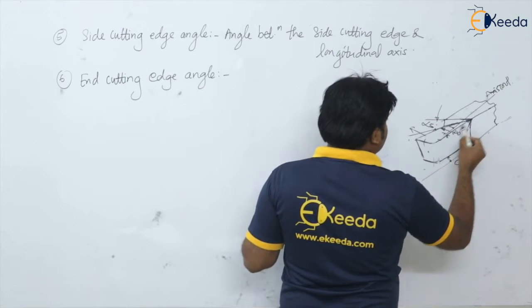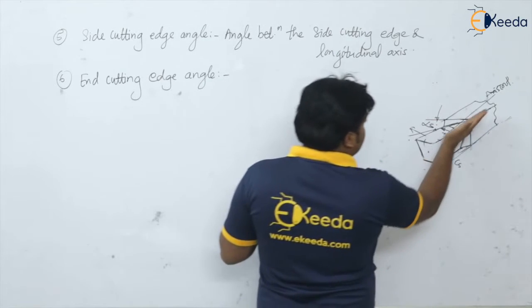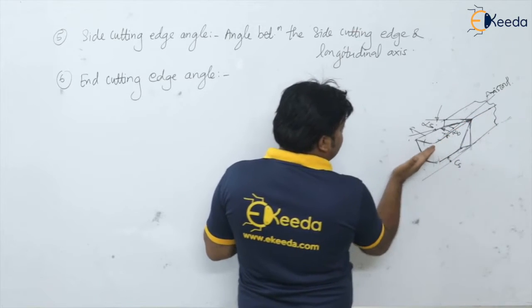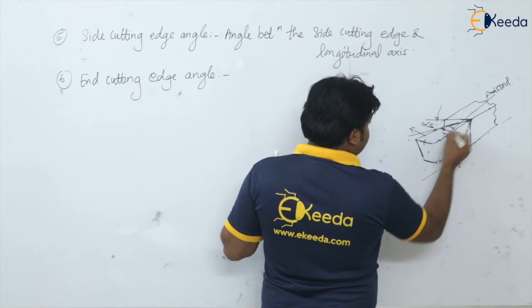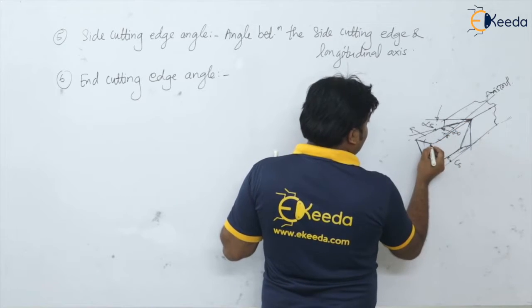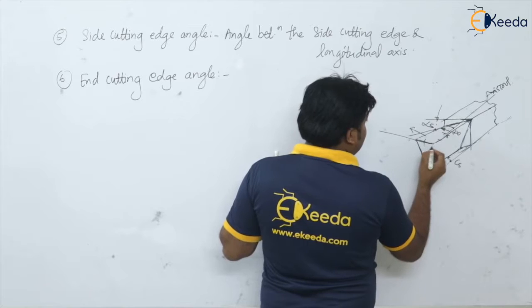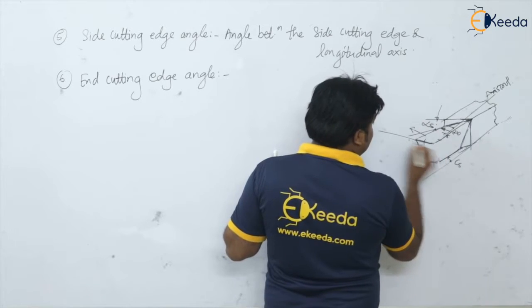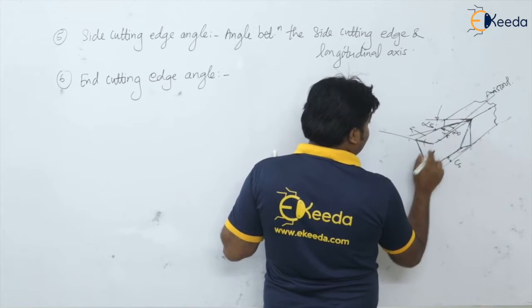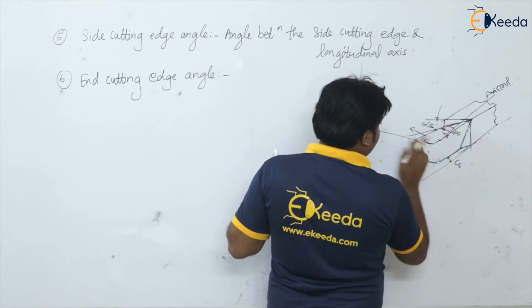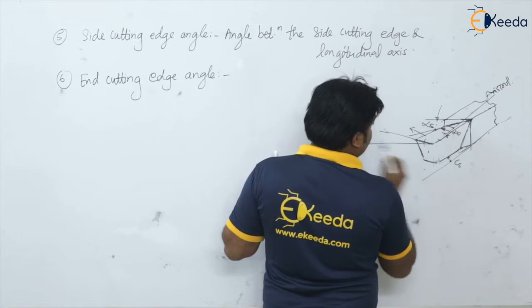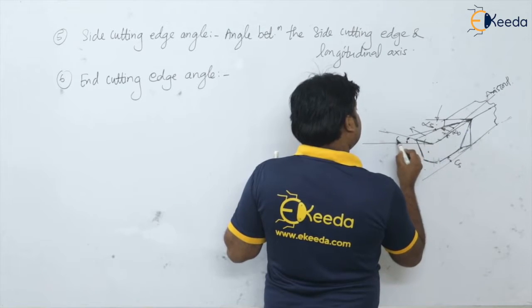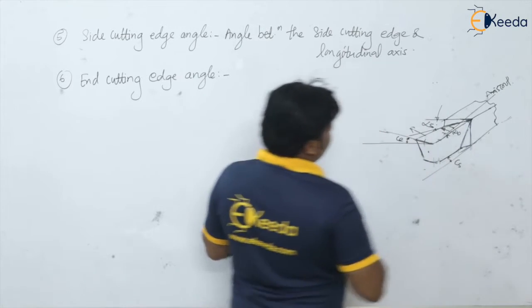This is the angle between the plane perpendicular to the side cutting edge and the end flank. And this is the flank. So this angle is actually our end cutting edge angle. This is our CE.